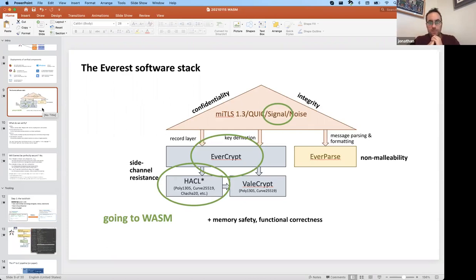OCaml uses tagged integers, so they have 63-bit integers where the lowest bit indicates whether this is an immediate value or a boxed value. And so all the algorithms were optimized for 64-bit exactly, with carefully crafted leftover bits that would hold some carries or some extra data. And the fact that we didn't have that representation generated a huge performance hit.